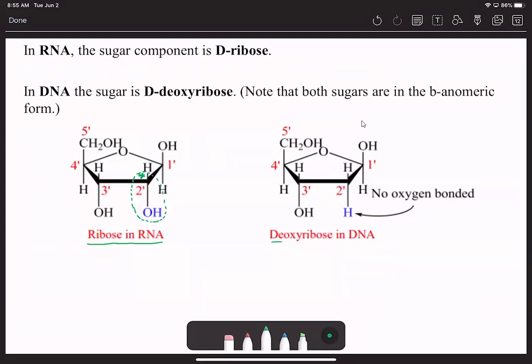And if we look at the term deoxy and we look at the same carbon, we notice that there is no oxygen bonded there, that the oxygen has been removed. So this is what we consider deoxyribose, DNA. This is a dead giveaway if we're looking at a whole structure. If we're looking at an entire structure, we take a look at carbon number 2, and we can determine whether that is RNA or DNA.